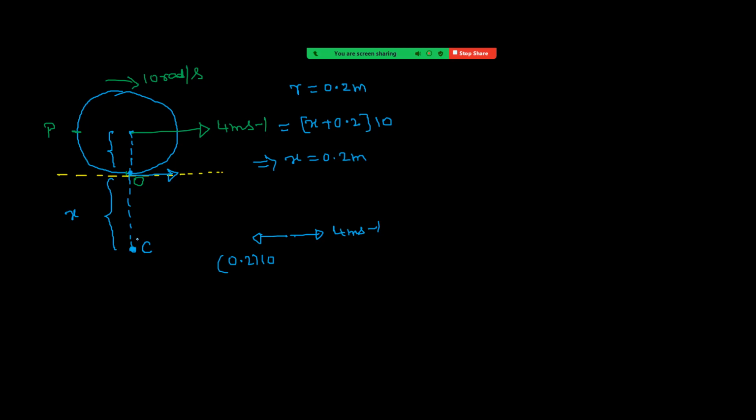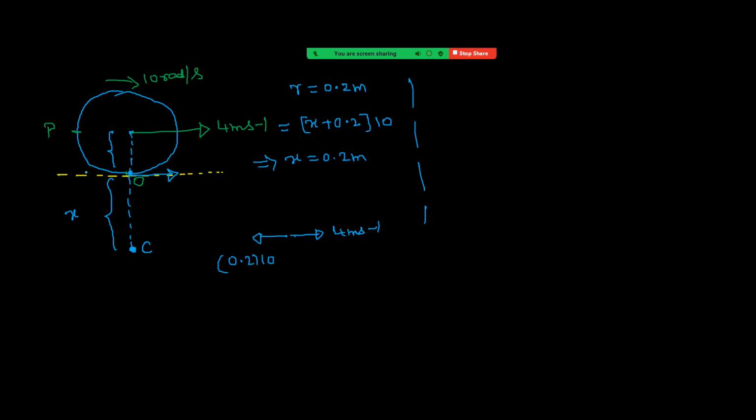So this must be closer to point O, right? Because when I am saying outside these 2 points, you may think it is above this center. Then one more condition is that it is closer to the point which has less speed. That's why it must be below point O. I hope you got the clarity. Let us go to the next one.